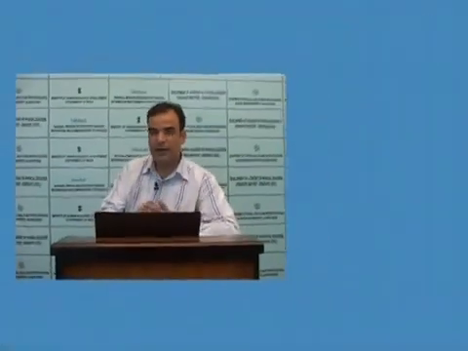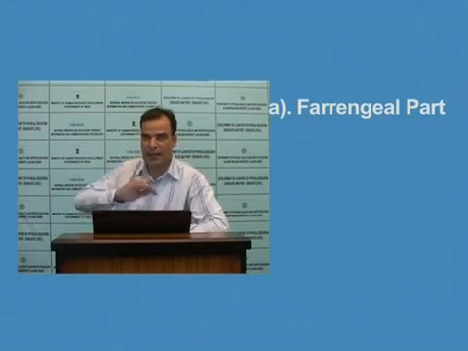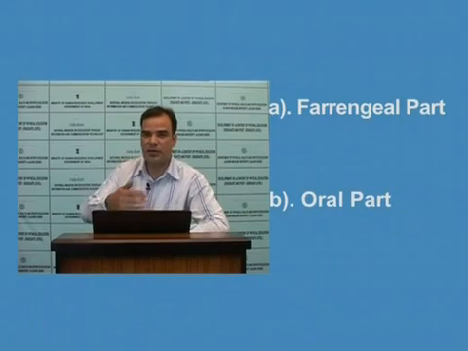So it can be divided into two parts: the pharyngeal part, the part of the tongue that lies in the pharynx, and the most of the tongue that remains in the mouth is called the oral part. Both these parts are separated from each other by a V-shaped sulcus. Sulcus means a groove, and this sulcus is called the sulcus terminalis.